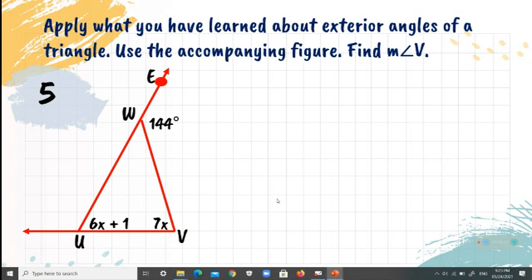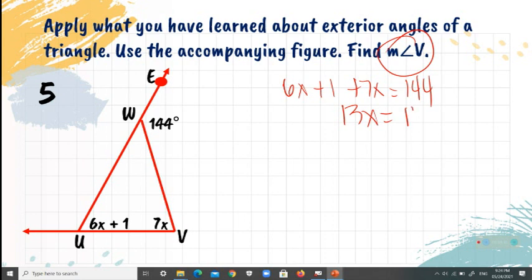So let's now have the last one. Okay, find the measure of angle V. Okay? So for you to find that, you are going to solve first for the unknown variable x. So you will have here 6x plus 1 plus 7x equals 144. Then you will obtain 13x equals 144 minus 1.